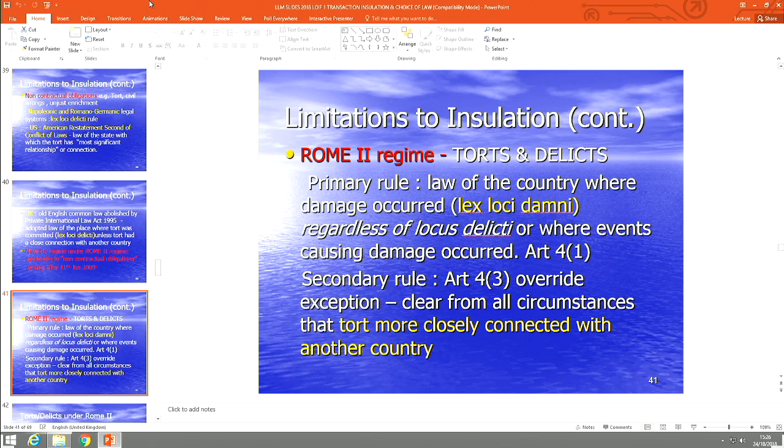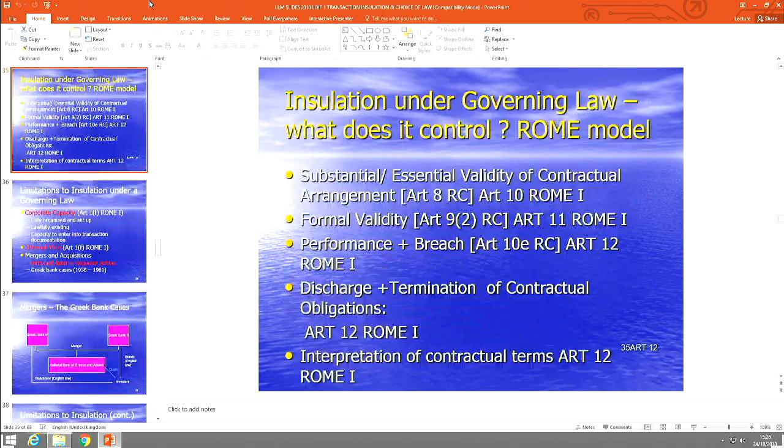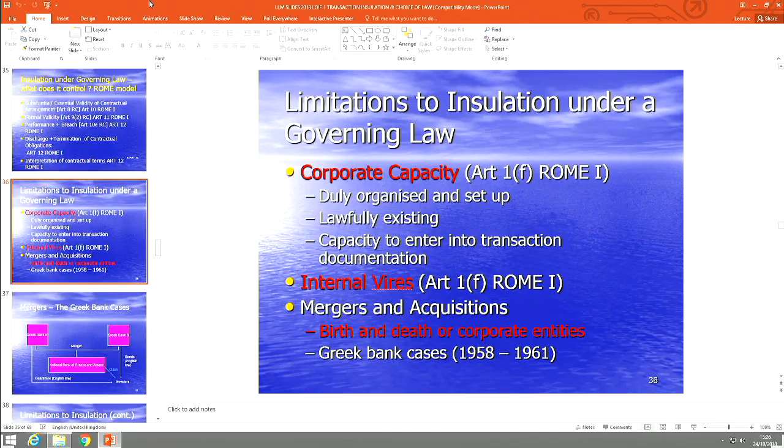But please do remember, and this is the fundamental point, that although that is the only available route in practice to insulate a transaction from a whole number of applicable law systems, it doesn't control everything once you choose that expressly chosen law. I walked you through a whole pile of things, like corporate capacity, internal vires, birth and death of corporations, which are not controlled by that expressly chosen law in a transaction.